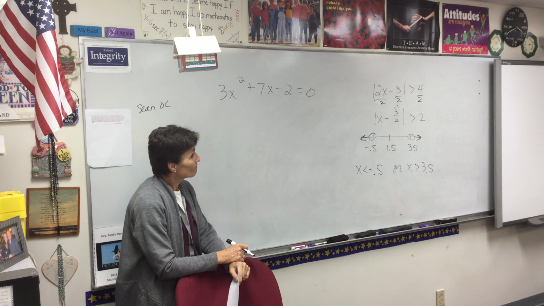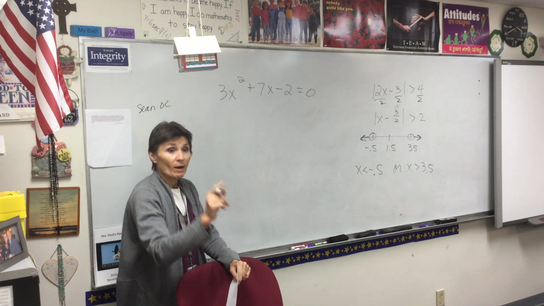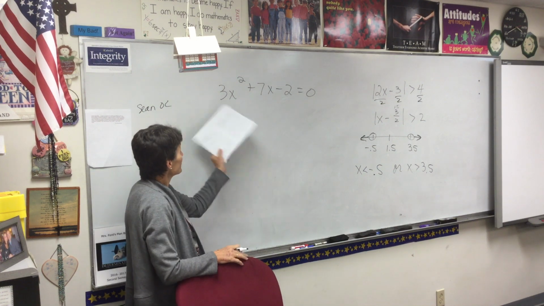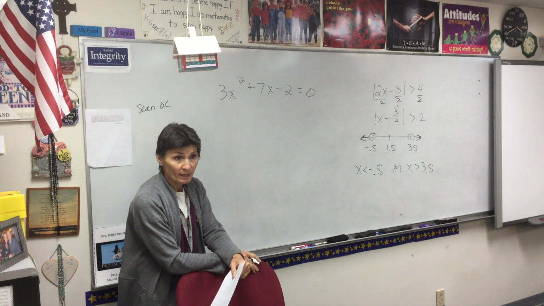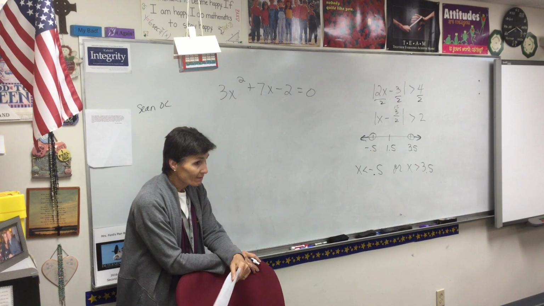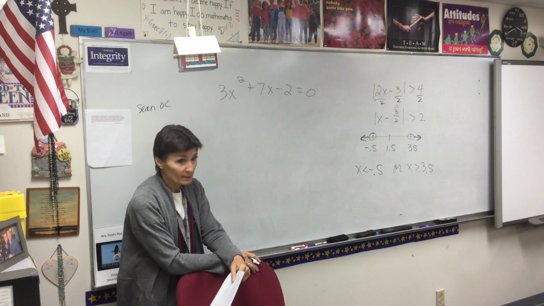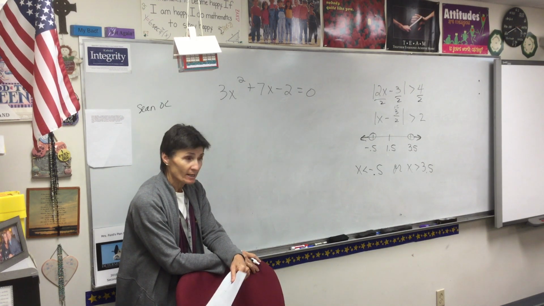What do you think? Quadratic formula? It's a quadratic equation. We have options, right? We can use the quadratic formula. You could try to factor it, or you could try to complete the square. And Solomon's up here shaking his head, no way.